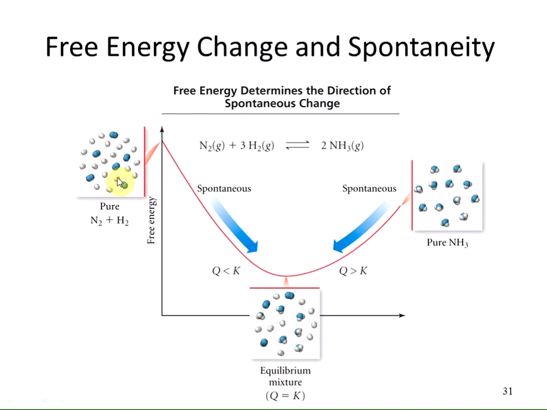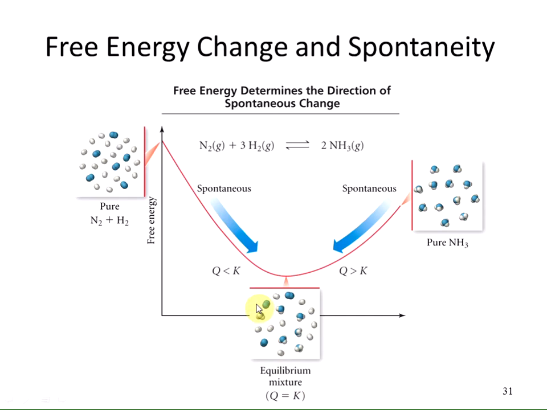And as the reaction progresses, before we reach the equilibrium, going in the forward direction is going to be spontaneous because Q is less than K, the equilibrium constant. So the nitrogen and hydrogen are going to mix until it gets to its equilibrium state. And at the equilibrium state, remember the Q, the reaction quotient, is equal to the K. So we're at equilibrium when Q equals K.